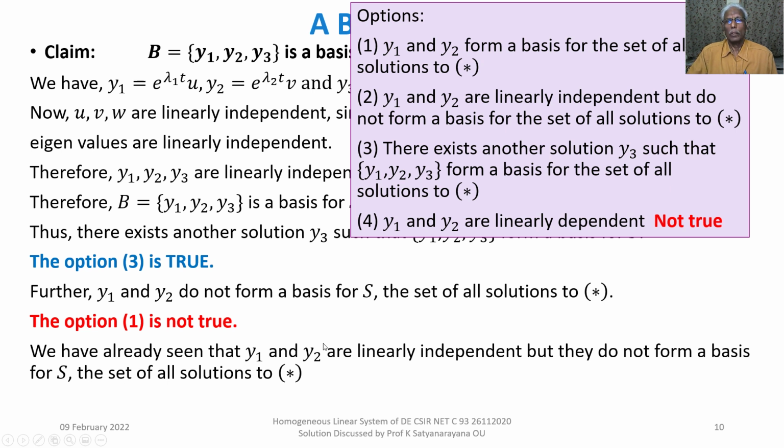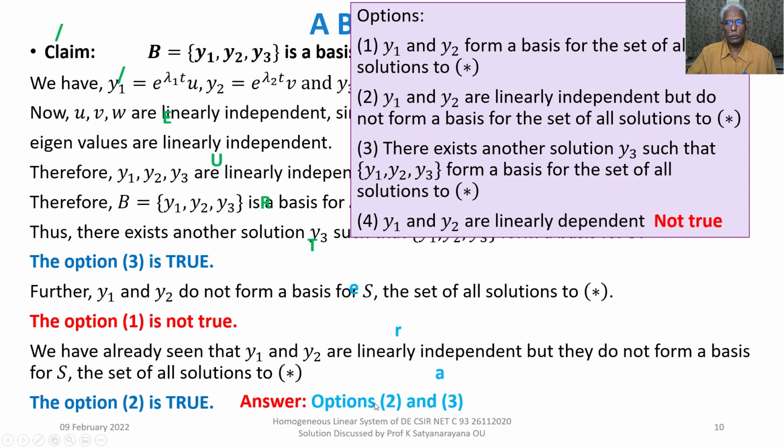Option 2 says y1, y2 are linearly independent but do not form a basis for the set of all solutions to star. So option 2 is true. So option 4 is not true. 2 and 3 are true. Option 1 is not true. Our final answer is options 2 and 3 are true.